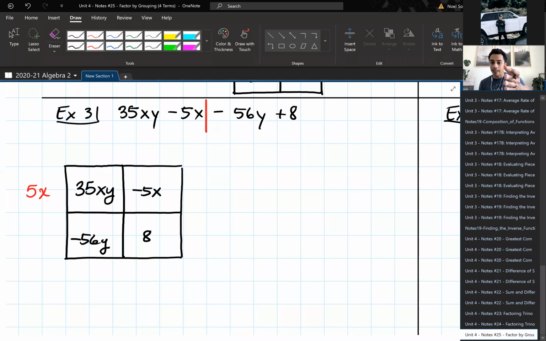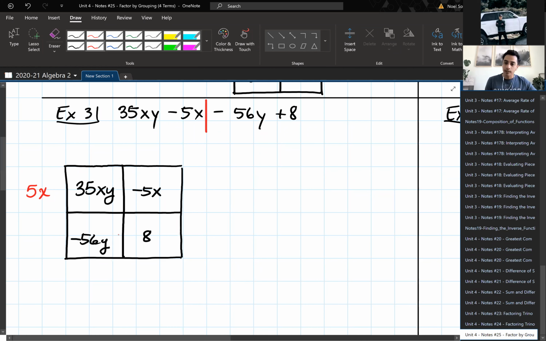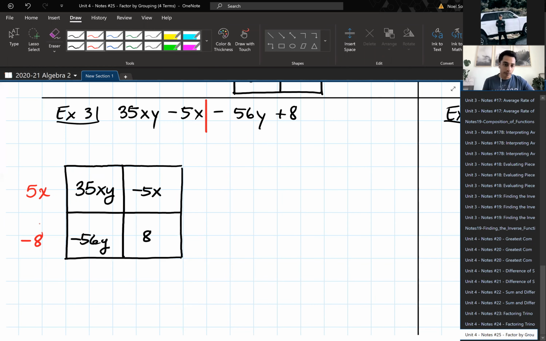It starts with a negative 56. So when I think of GCF, I have to think of negative 56 as my leading term. If it's a leading term that's negative, you want to factor out a negative. So 56 and 8 are both divisible by 8, but you want to factor out a negative because the 56 is your leading term. Okay, so far so good.